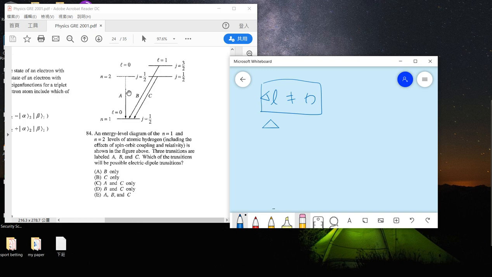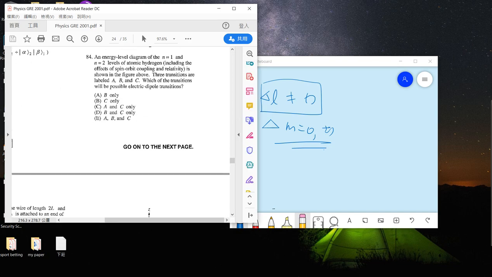A is not okay because it goes from L equals 0 to L equals 0. B and C are okay. So the answer is D.